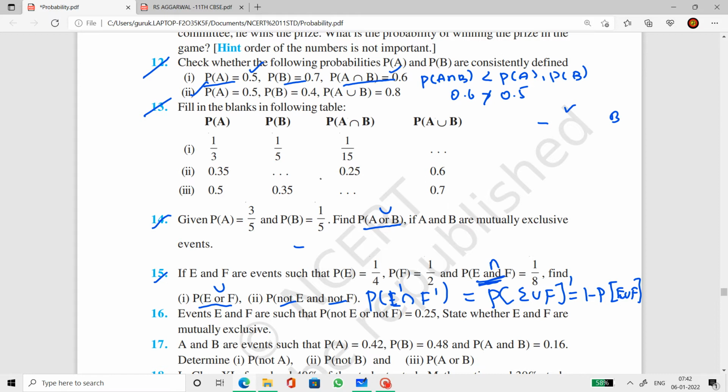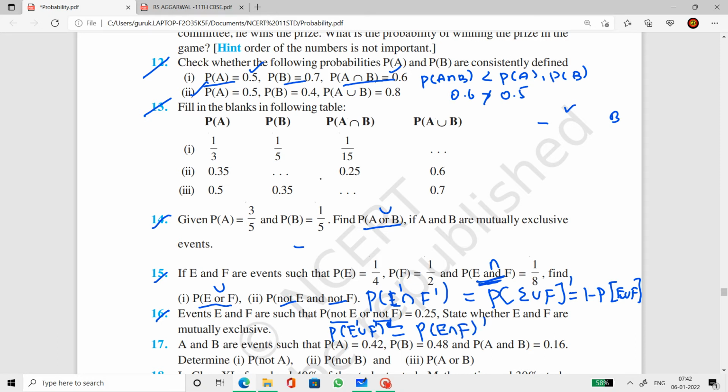Okay, next one, 16. E and F are given, whereas not E or not F. So that means P of E complement union F complement, which is P of E intersection F the whole complement.